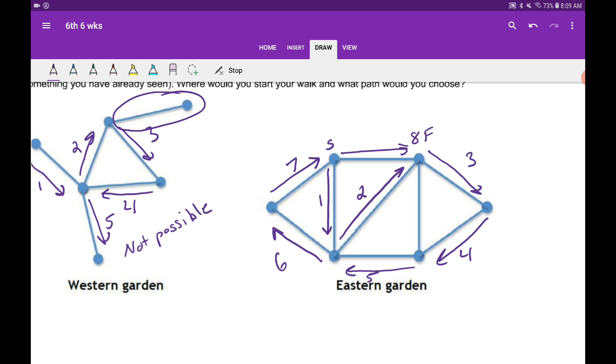All right, so this one I was able to look at all the paths without having to backtrack. However, with my solution, I wasn't able to end up back where I started.